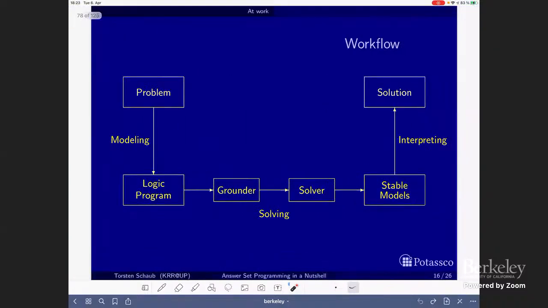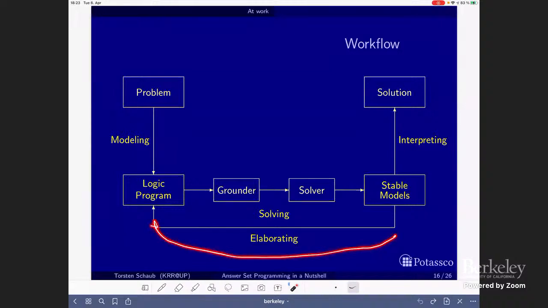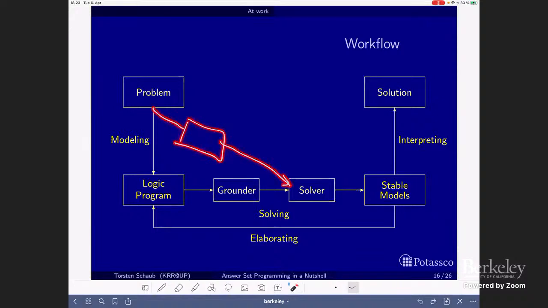So once you have done that, one thing that is particularly nice I find about ASP is that once you see your stable model and you see there's a bug or something that is not right, it's a very short distance to elaborate this and to go back to the specification. Because again, talking about SAT, what you do in SAT is you have to write a program that takes the problem and maps it here.